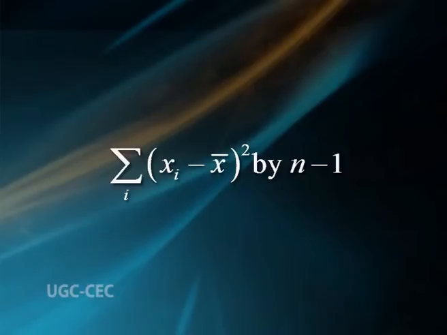While we are finding the variance of a set of observations, as we know, we divide summation over i, x i minus x bar whole square by n. But to estimate the variance of the population from where the samples are taken, we divide summation over i, x i minus x bar whole square by n minus 1.